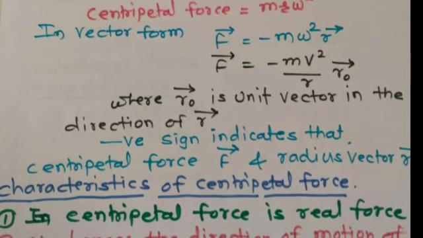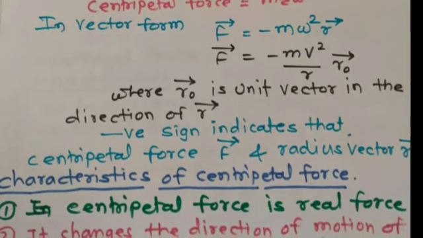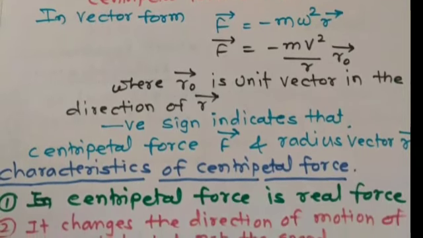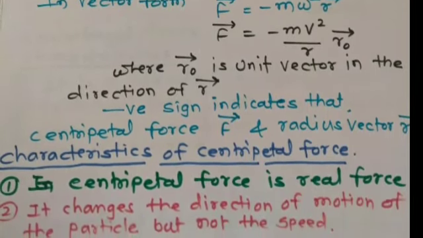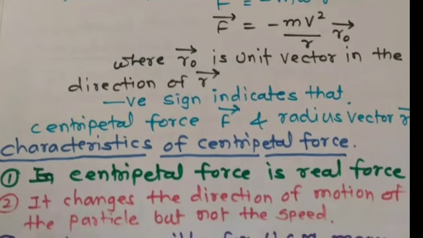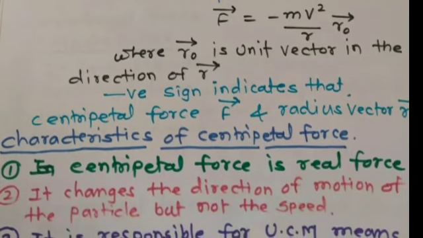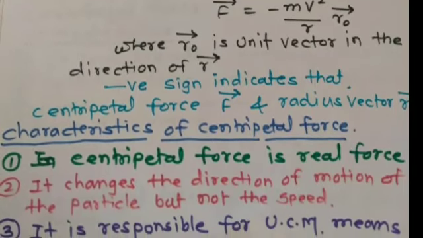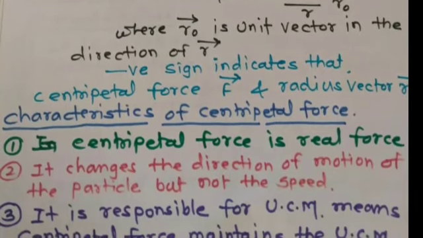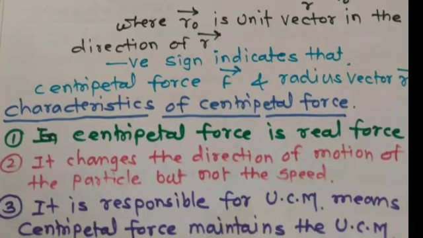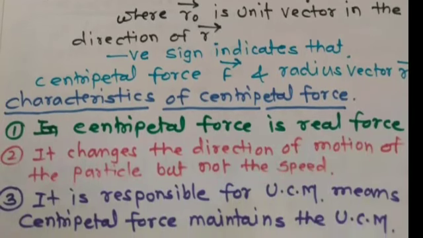Characteristics of centripetal force. Number 1, centripetal force is a real force. Number 2, it changes the direction of motion of the particle but not speed. Number 3, it is responsible for uniform circular motion, means centripetal force maintains the uniform circular motion.